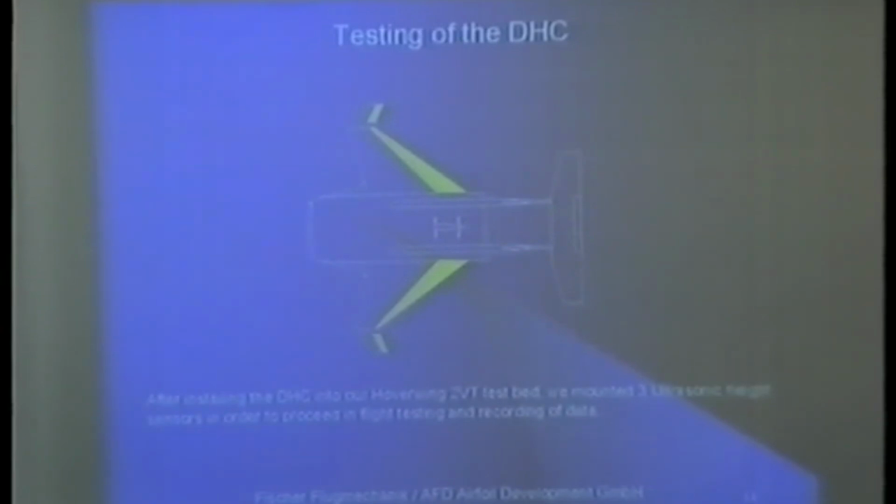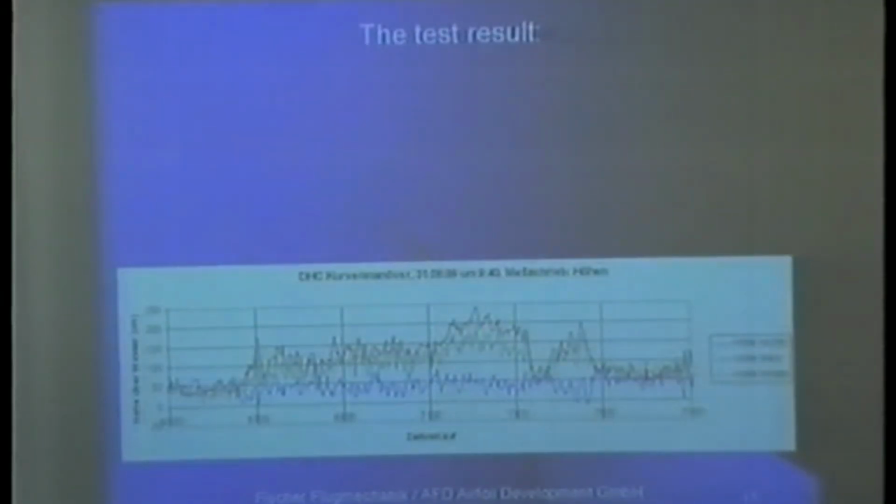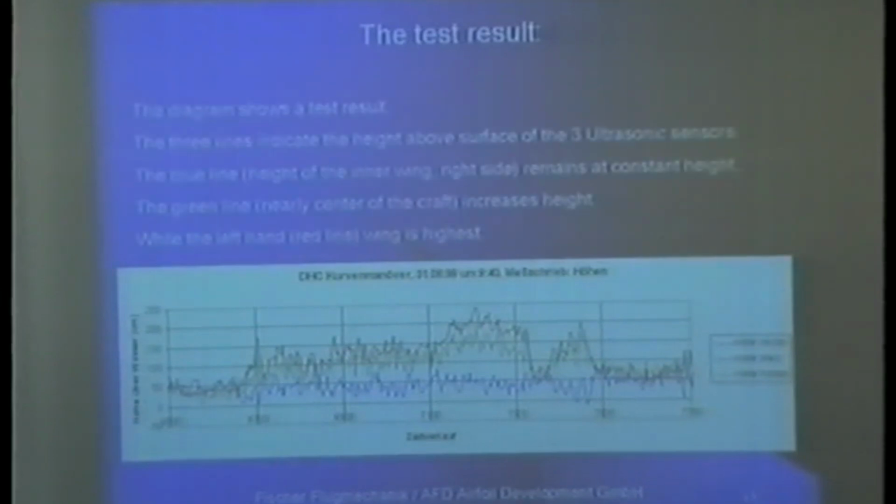So we tried that. We installed a lot of ultrasonic altimeters at all points to find out if it works. Here you see the result from a turn. You see what is important. On the blue line, this is the height of the inner wing.